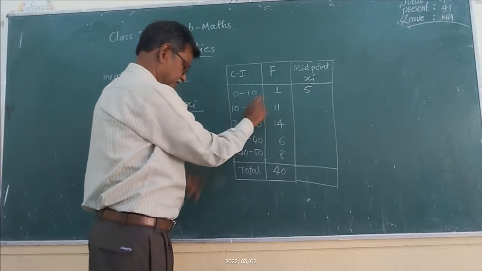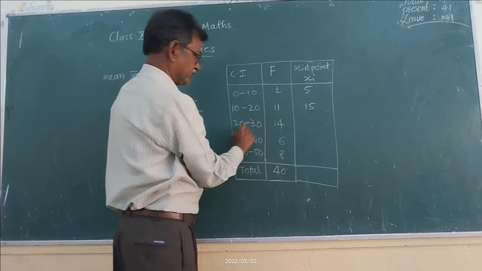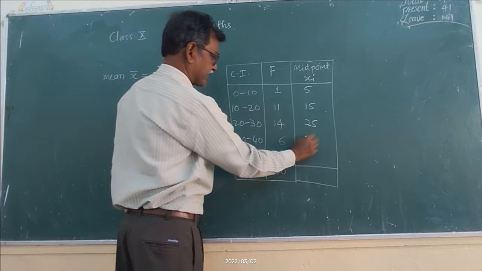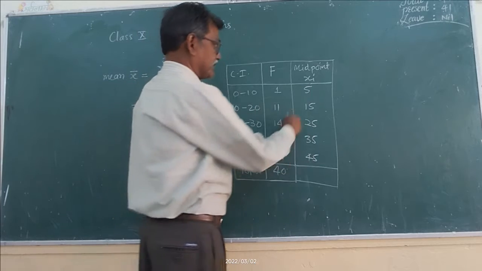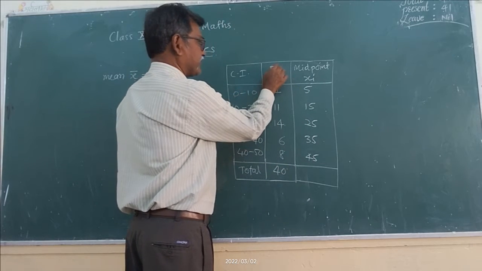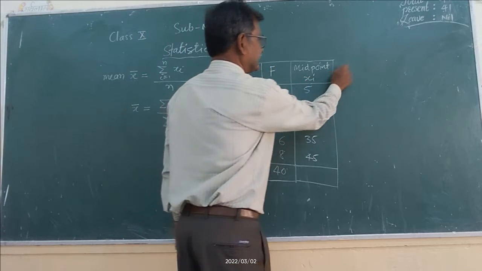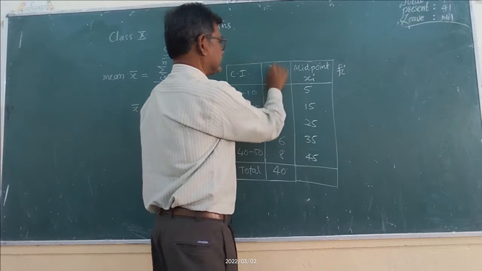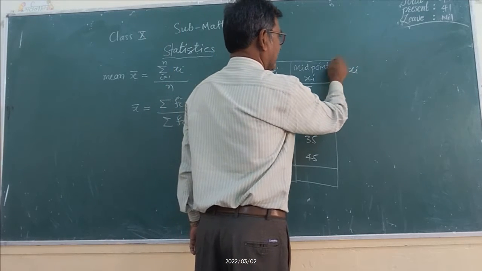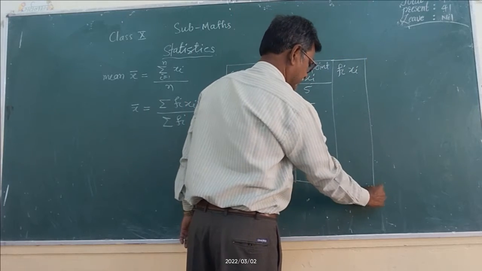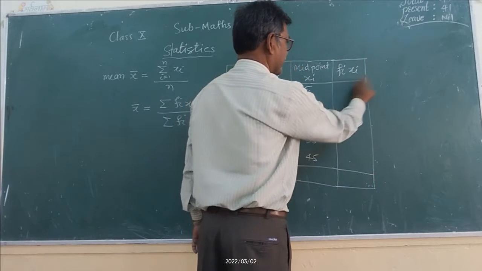The next 15, 25, 35, 45. Then this is the frequency, fi. So we want the product of these two, frequency into the corresponding midpoint.